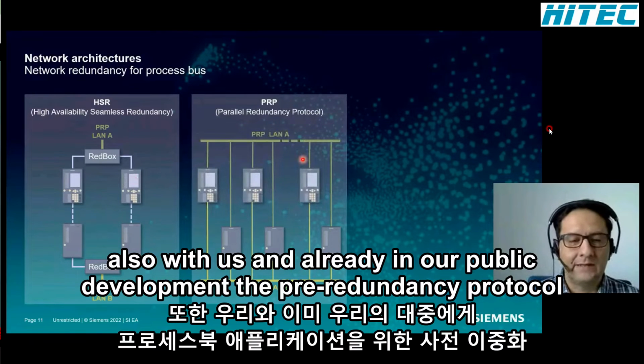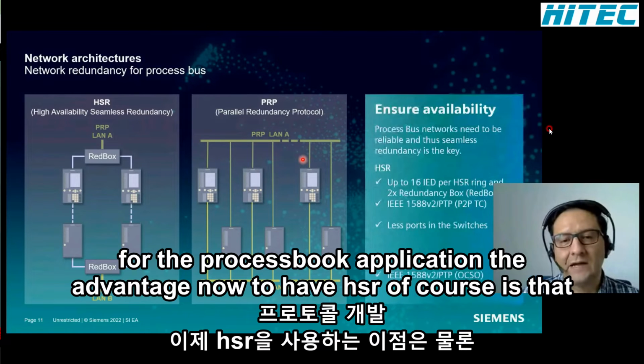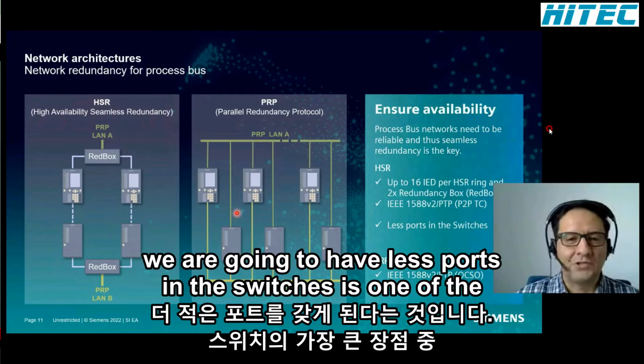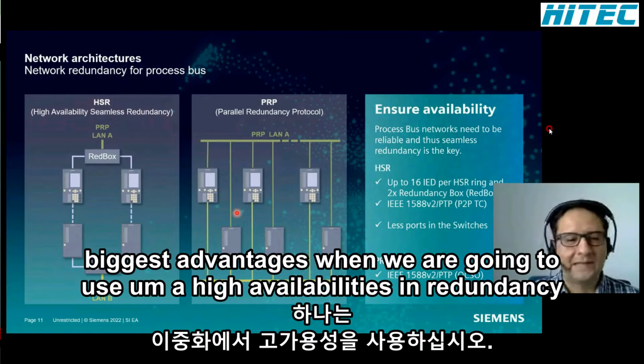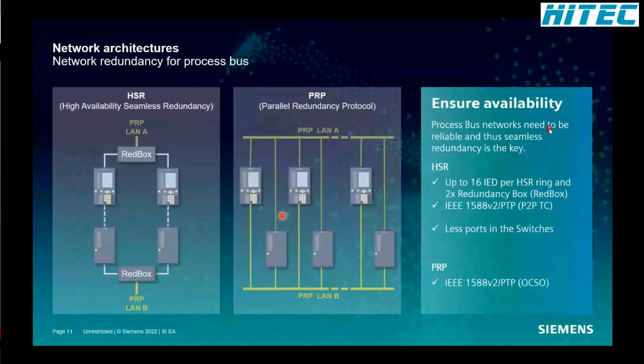Also with us, from our previous development, is the parallel redundancy protocol for the process bus application. The advantage of having HSR now, of course, is that we are going to have fewer ports in the switches. It's one of the biggest advantages when we are going to use high availability redundancy.